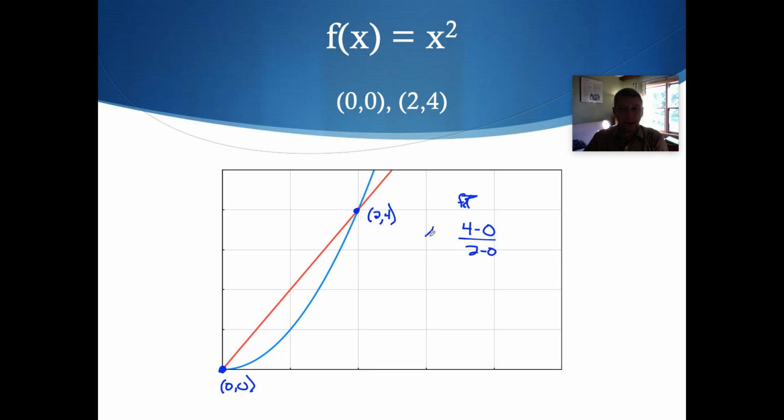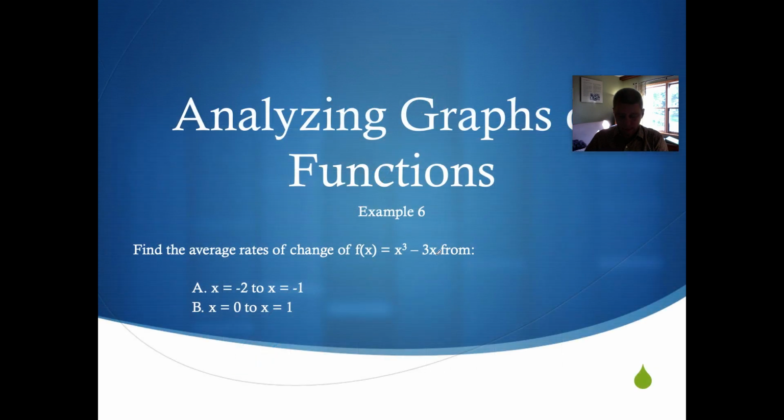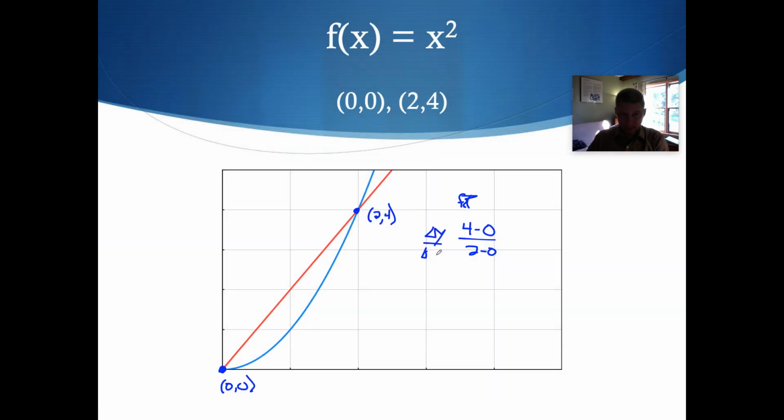That's what slope is, delta y over delta x. All right, and 4 minus 0 is 4, 2 minus 0 is 2, and 4 divided by 2 is 2. And again, this is really just the slope of the line that connects the 2 points that we're talking about here.